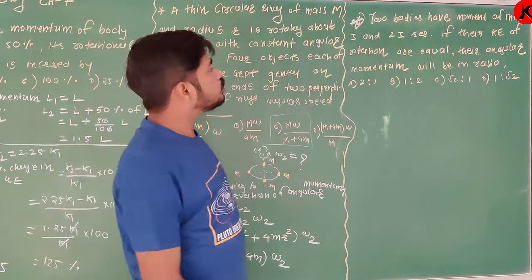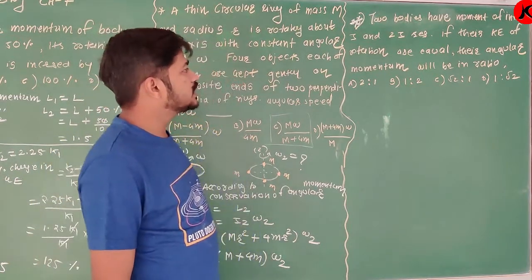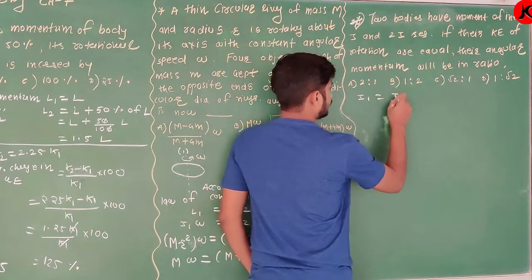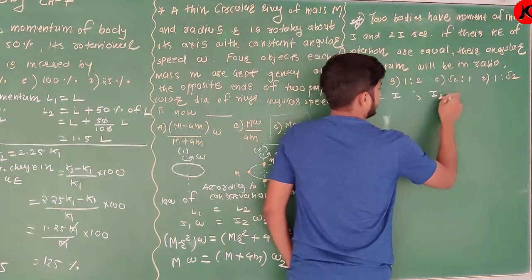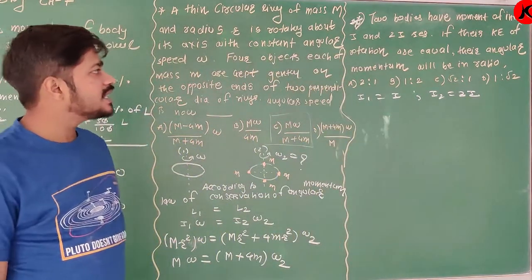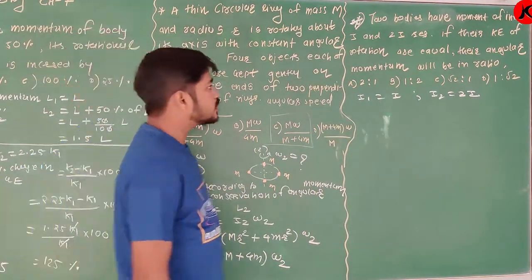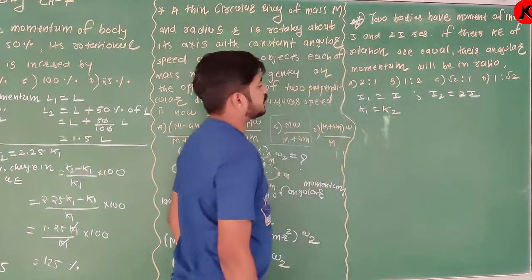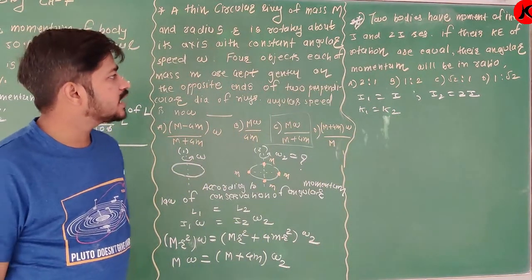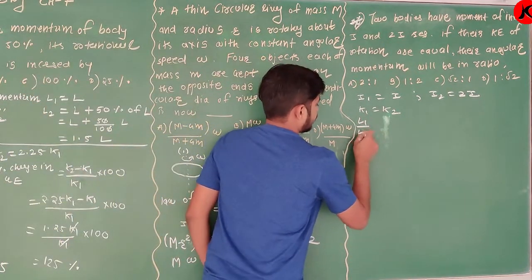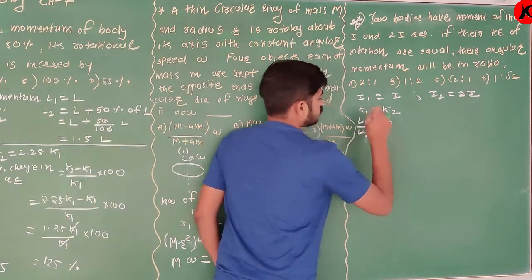So here I write I1 is equal to I and I2 is equal to 2I. If the kinetic energies of rotation are equal, K1 is equal to K2. Then find the angular momentum ratio, L1 upon L2.